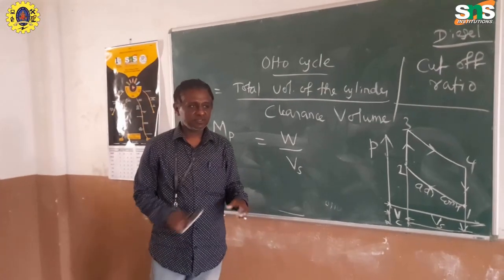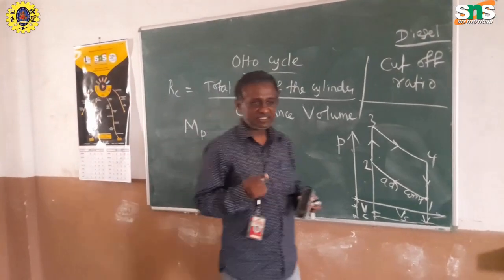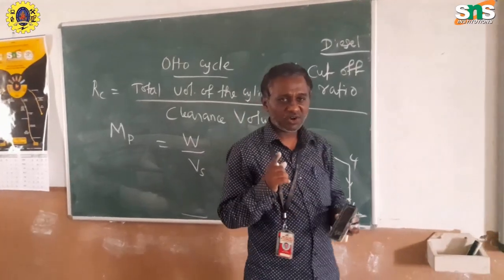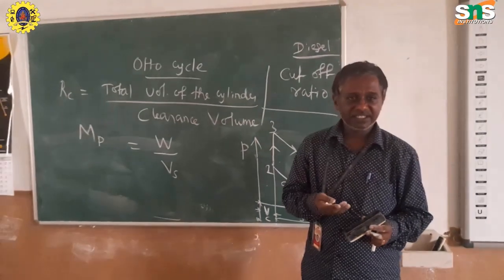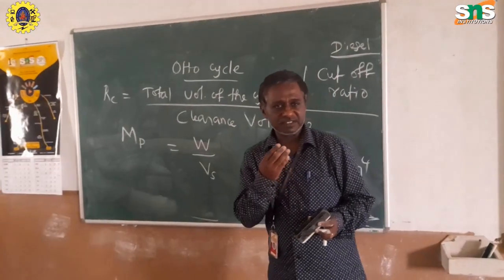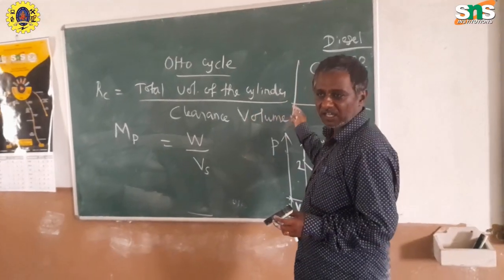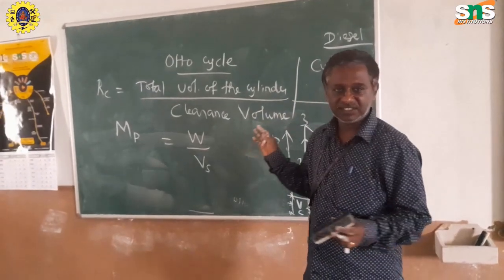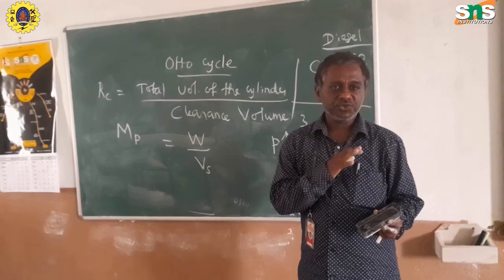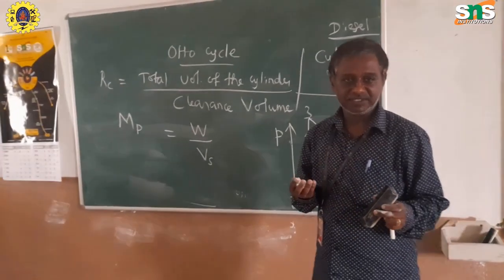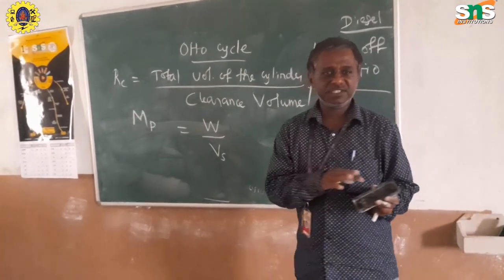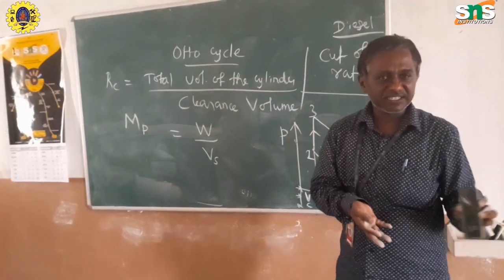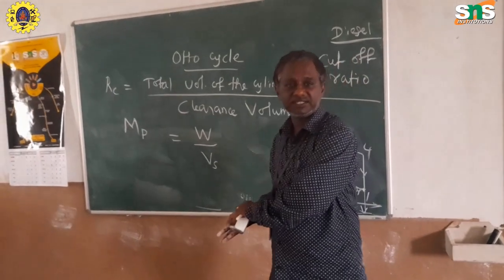Once again, I will summarize. In this class we have discussed the Otto cycle and its efficiency, in which the parameter that is very important and affects the efficiency is the compression ratio. If compression ratio is higher, the efficiency of the Otto cycle definitely increases. If it decreases, the efficiency also decreases.